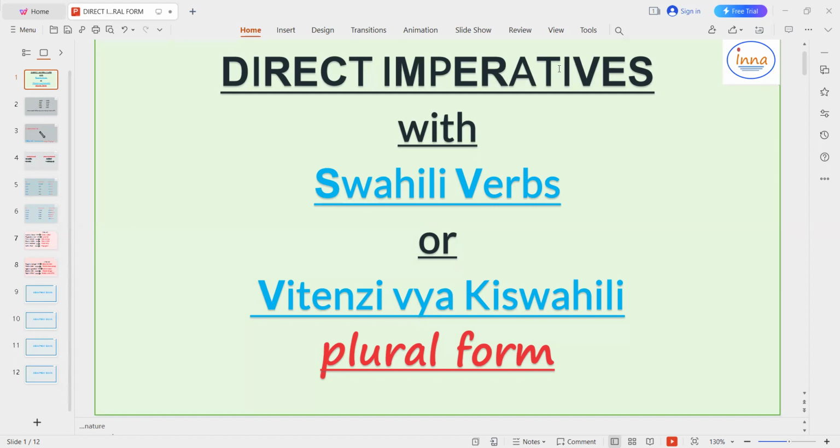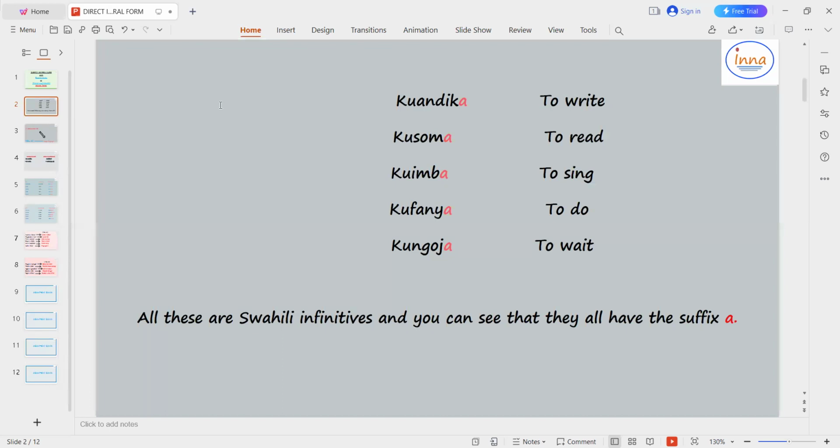First of all, if you look at the Swahili verbs, you will notice that they have a similar suffix, which is a. The remaining context of the suffix in every verb is our verb root.